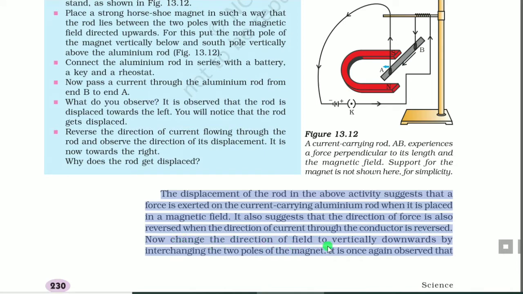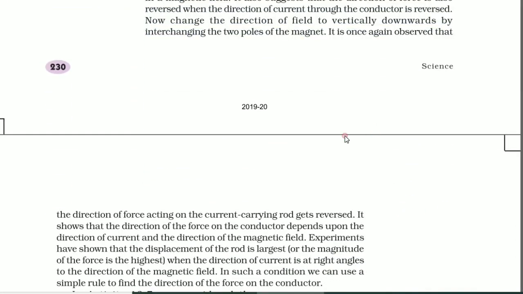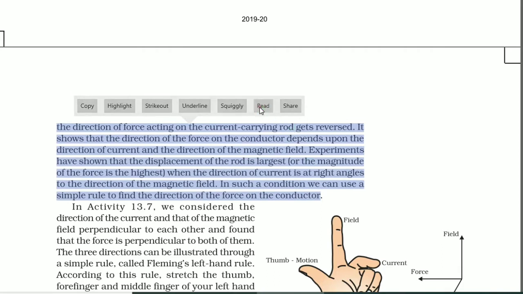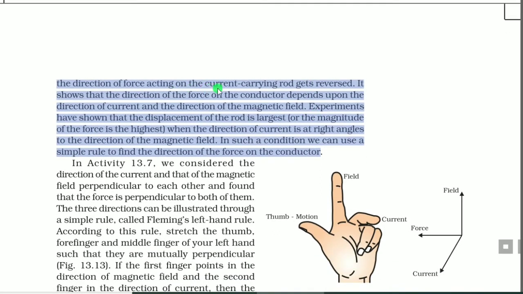Now change the direction of field to vertically downwards by interchanging the two poles of the magnet. It is once again observed that the direction of force acting on the current-carrying rod gets reversed.